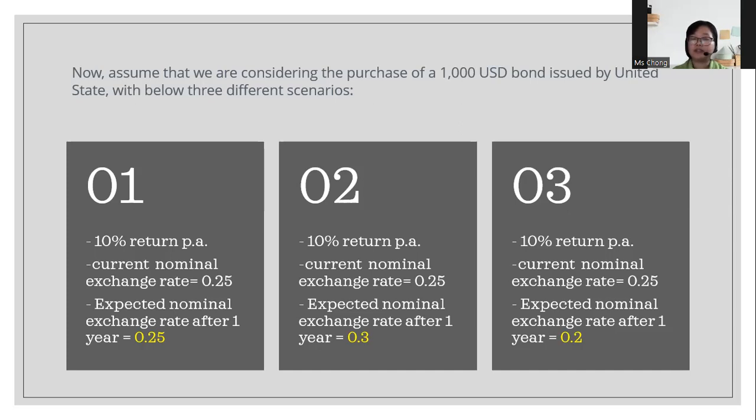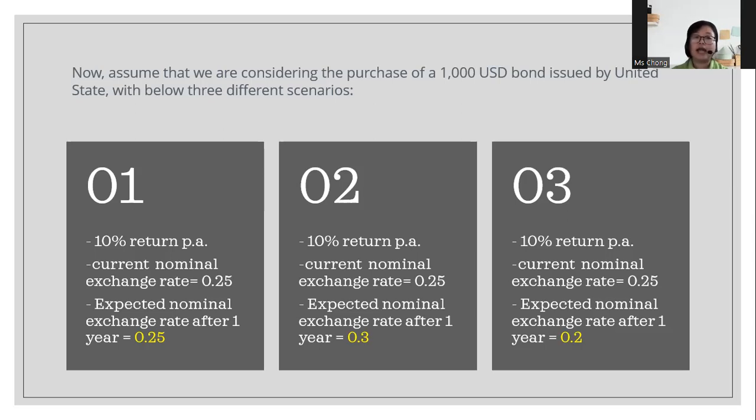That means their returns per annum will be the same, 10%. The bond purchase is 1,000. The moment you purchase, the current nominal exchange rate is 0.25, the same for these 3 scenarios.